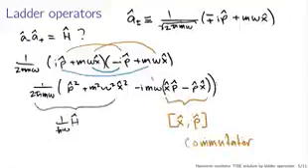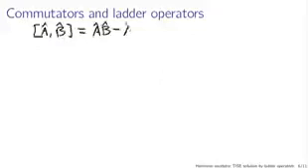So, let's talk about commutators in a little more detail. The commutator in general is defined for two operators A and B to be what you just saw on the last page. First, I have AB, and then I subtract the opposite order, BA. So if I used this combined operator to act on a wave function, I would first let B act and then let A act, and I would subtract that from what I get if I let A act and then B act.